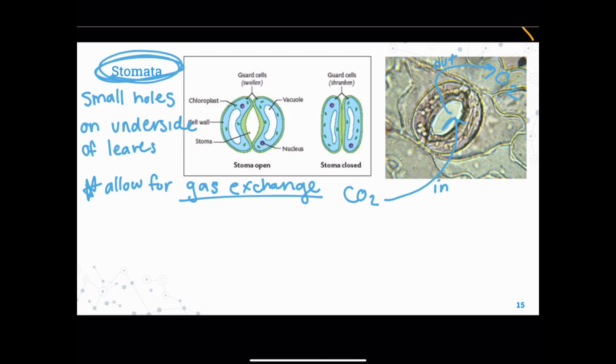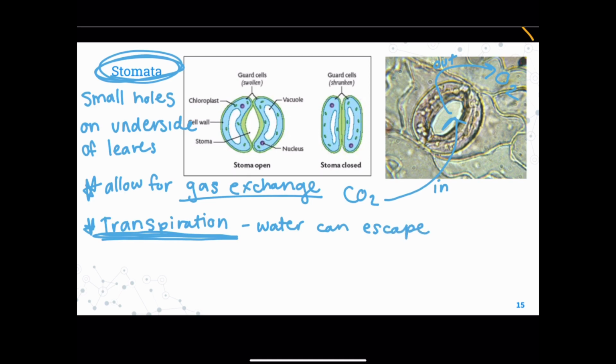But there is another thing that happens because stomata can be open. Stomata can also allow too much water to escape during a process called transpiration. So I'm going to write that here. Transpiration. When it's exchanging those gases, it can also let water escape. And we also still need water for photosynthesis to happen.